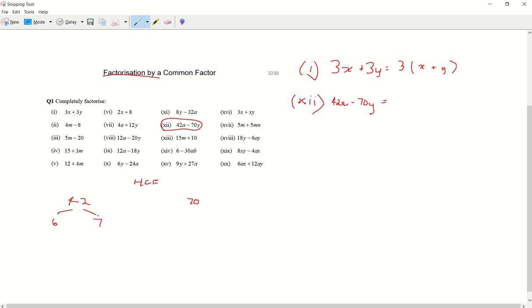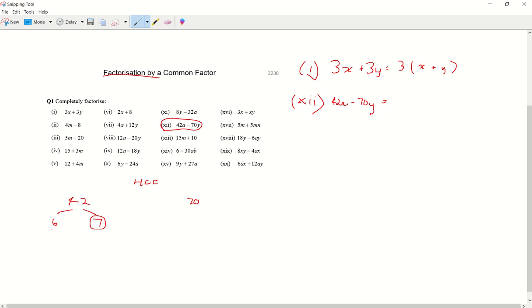Circle your prime numbers. That's a prime number. And if you're wondering what's a prime number, it's any number that can only be the answer of itself and 1 when they're multiplied. So 7, the only numbers that multiply together to give 7 are 1 and 7. There's no other combinations. So that makes it a prime number.